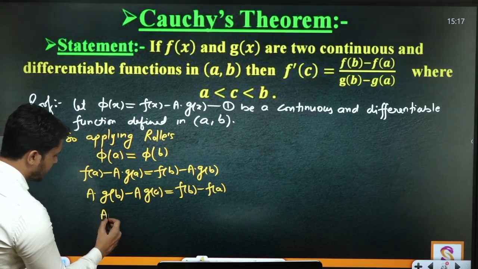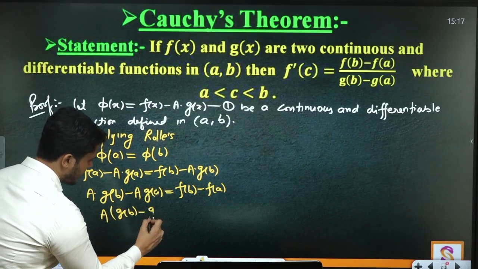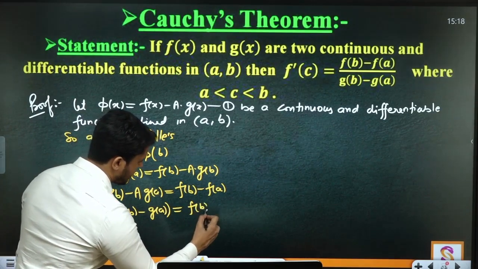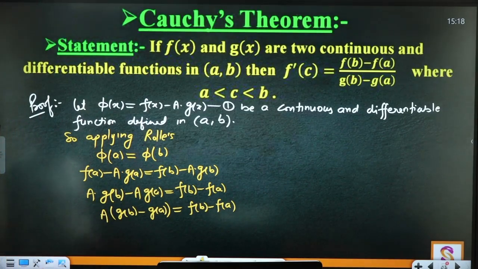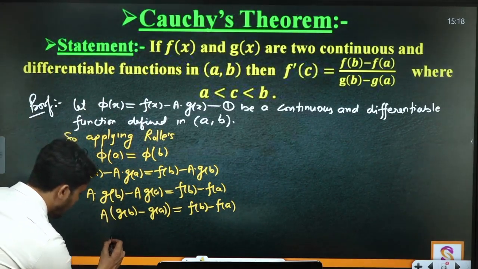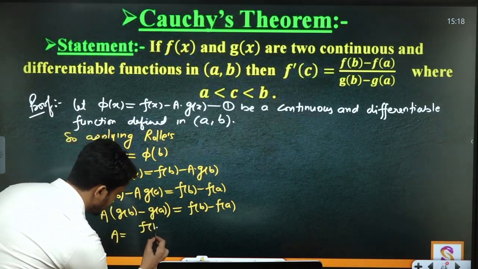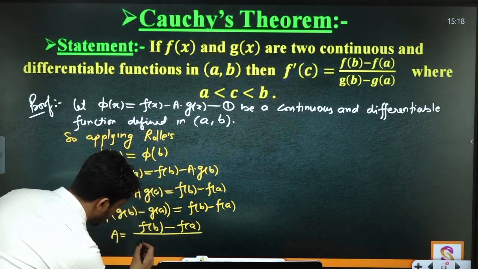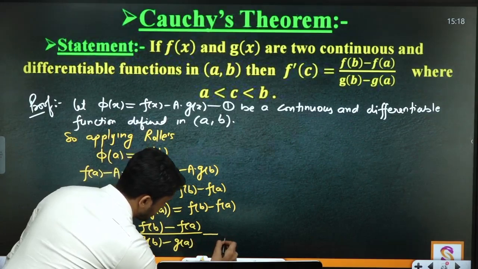Take common A and you will get gb minus ga is equal to fb minus fa, or capital A is equal to fb minus fa upon gb minus ga. This is your first equation.